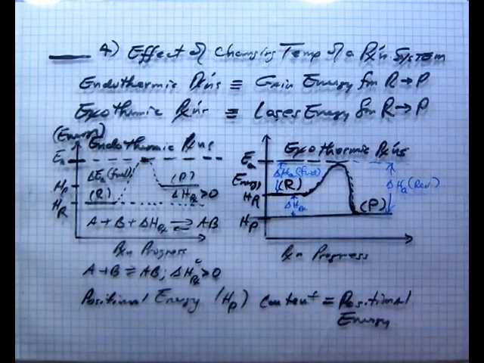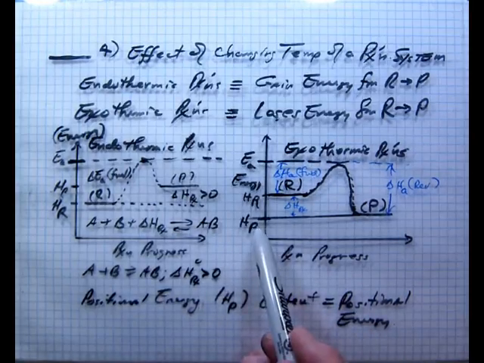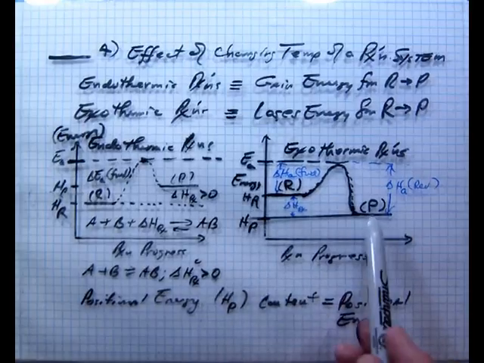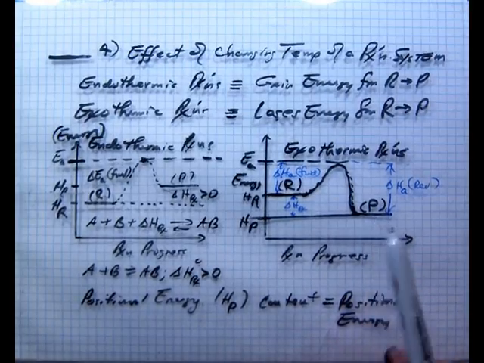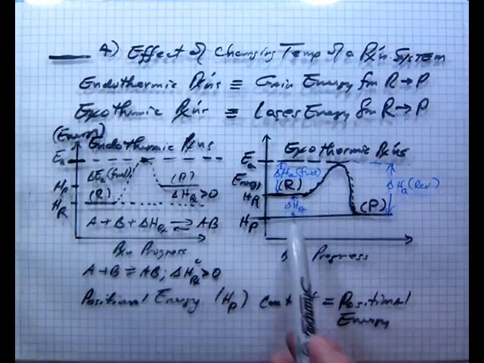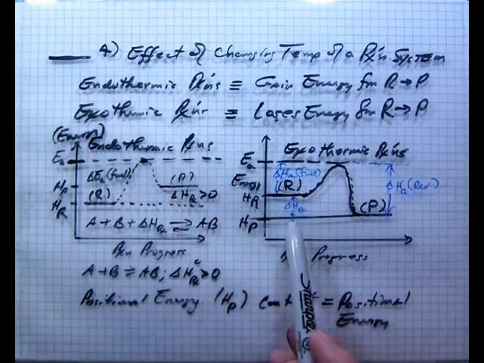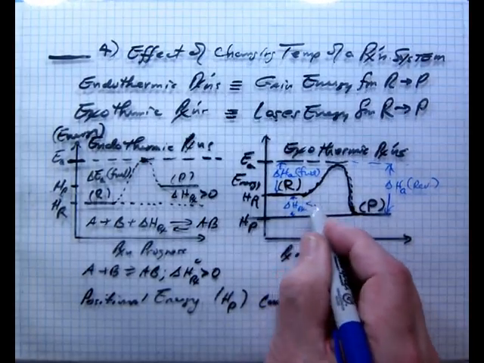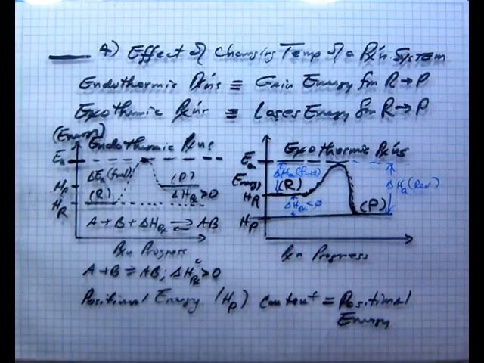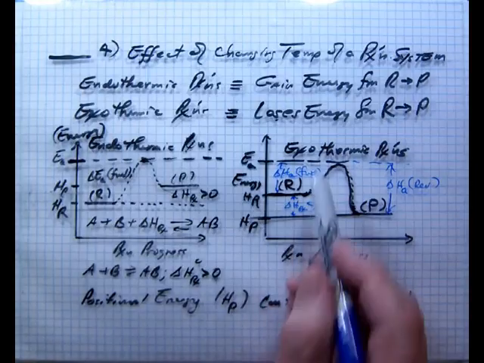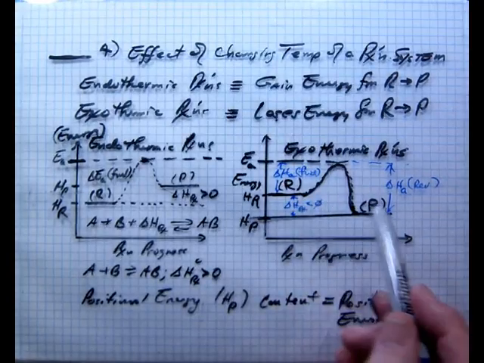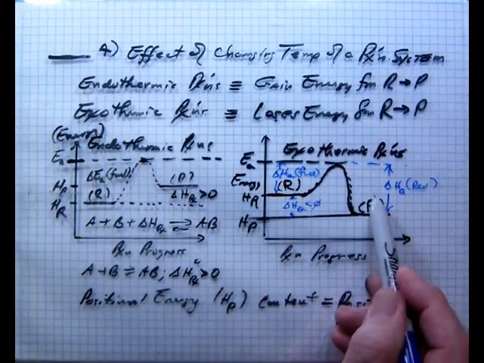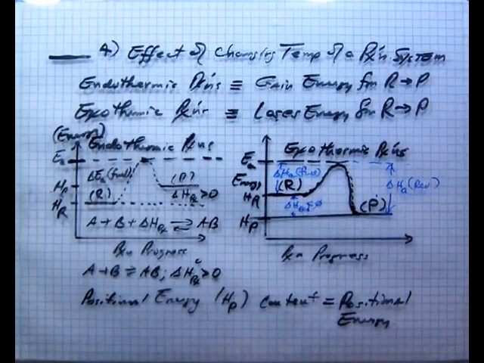Now, this is a double-edged sword in terms of working problems. If a problem asks you to calculate the heat of reaction, you would find out the total heat of the products and total heat content of the reactants, take the difference, and you would have delta H. It will come out negative. The value will be less than 0. On the other hand, if you're working a problem that tells you this reaction has a forward activation energy of such and such, and a reverse activation energy of such and such, what is the heat of reaction?